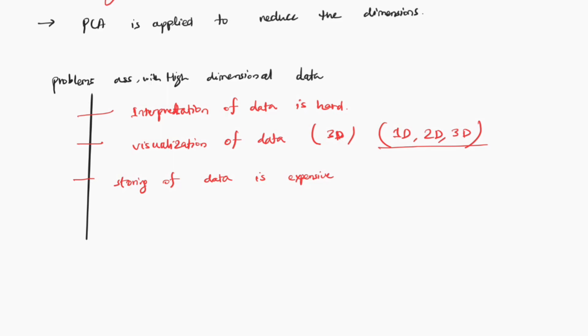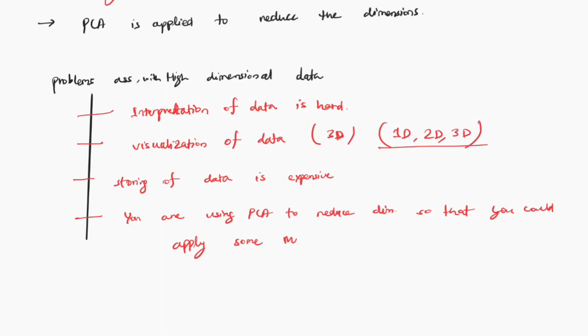So it is easy to understand that storing of the data is going to be expensive. And finally, the last one is you are using PCA to reduce dimensions so that you could apply some ML algorithm on the newly projected data.